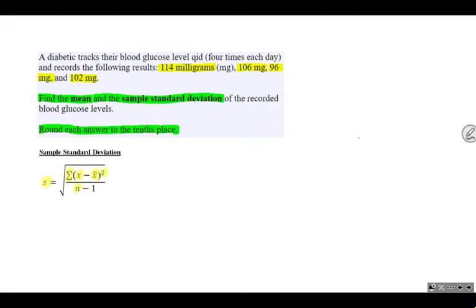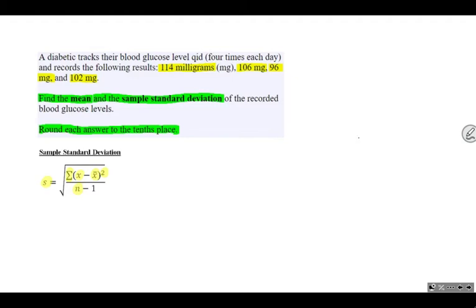Finally, down in the denominator, we have an n here. N is going to stand for the number of numbers in our sample here. We've got 4 values, so our denominator is going to be n minus 1, or 3. So that's what we have to work with here. So let's go ahead and begin our calculations.